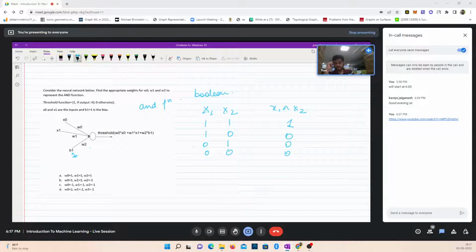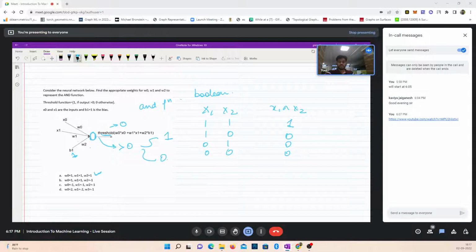Now over here the threshold is on 0. So the activation function for this neuron is such that if we are getting greater than or equal to 0, then the output is 1, otherwise it would be 0. Now let's see what options fit in over here.